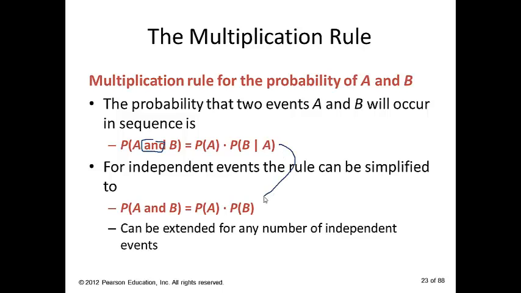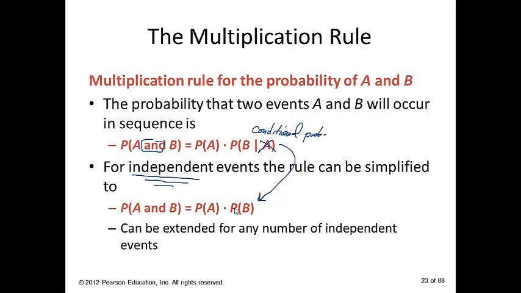Why, for independent events, can we replace the conditional probability with the probability of just B? Well, remember, when events are independent, the outcome of the given does not affect the actual probability of B. Therefore, I'm kind of ignoring this, right?